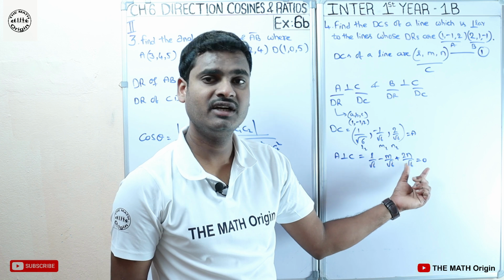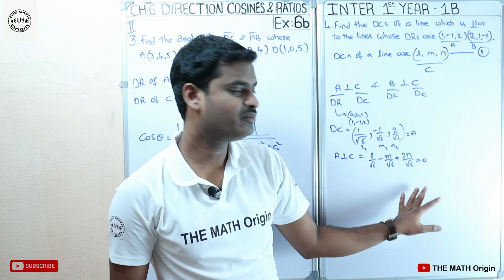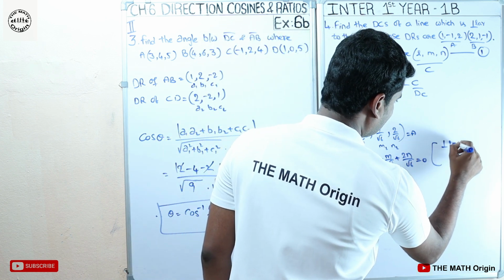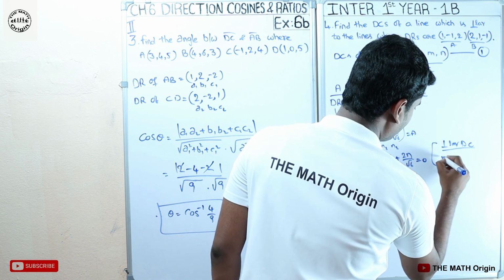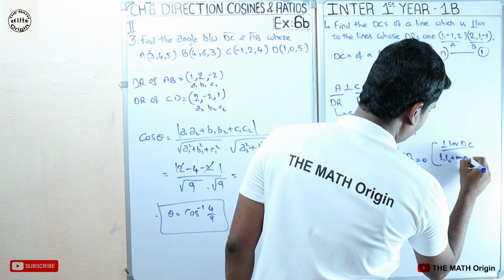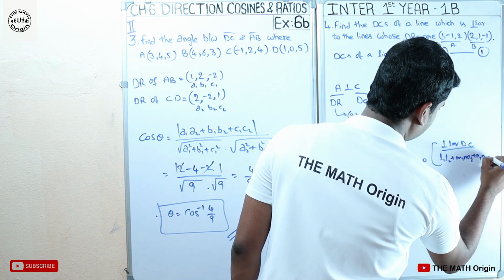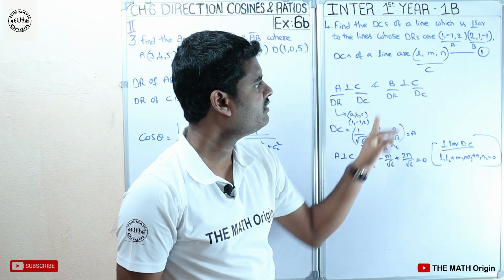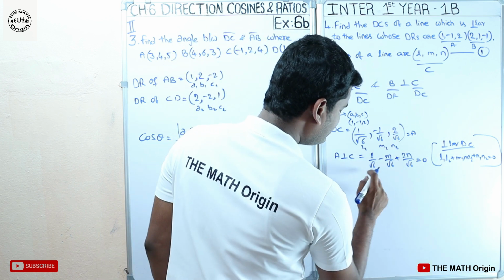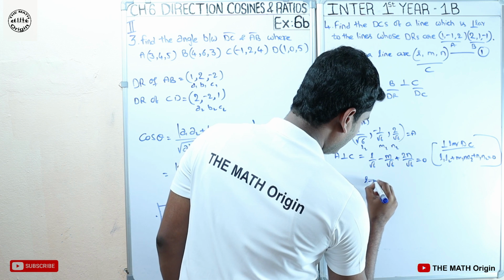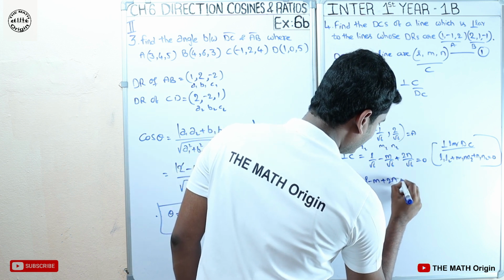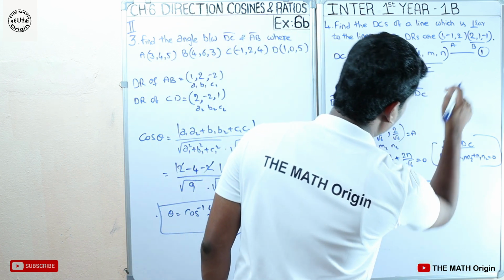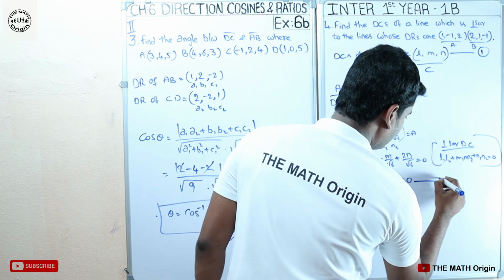Just understand this statement, then you are clear enough to get into this problem. We have a formula for perpendicular DCs: L1 L2 plus M1 M2 plus N1 N2 is equal to 0. I applied this formula with the A value and the C value. The denominator is the same, therefore I will get L minus M plus 2N equals 0. I will consider this as equation 2. We have equation 1 already, so let's consider this as equation 4.